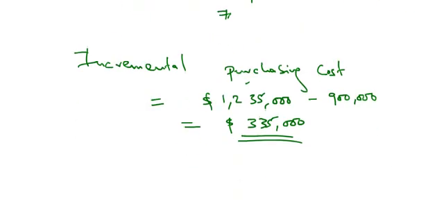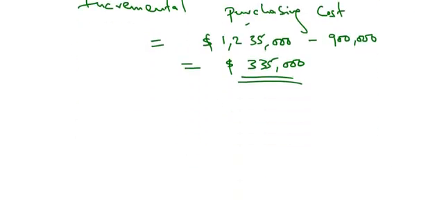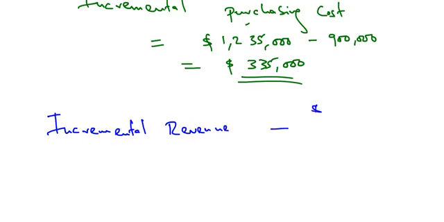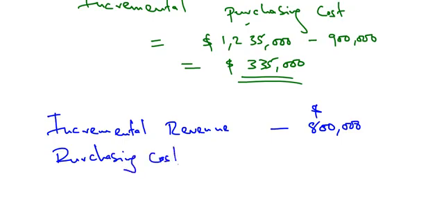Okay, so once we've done this, what is left is just adding up these figures. So the benefits, we had the incremental revenue, which is 800,000. We had purchasing costs, which we found to be 335.